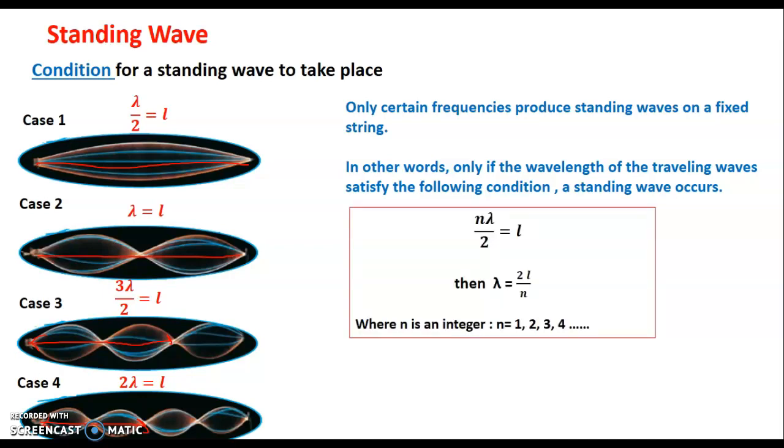The condition is that n lambda over 2 equals L. Then we can do some mathematical work and express it as lambda equals 2L over n, where n is a positive integer, which means a natural number. So n is 1, 2, 3, 4. If n equals 1, then there is only one loop. If n equals 2, 2 loops, n equals 3, 3 loops, n equals 4, 4 loops, and there are higher orders of standing waves of oscillation.